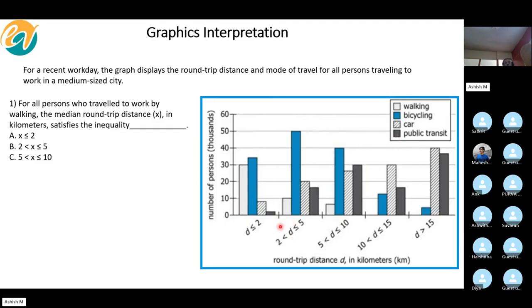For people whose round trip distance is between 2 and 5, 10,000 people walk, 50,000 people bike, and so on. So obviously at higher distances, no one walks. That makes sense. All right.